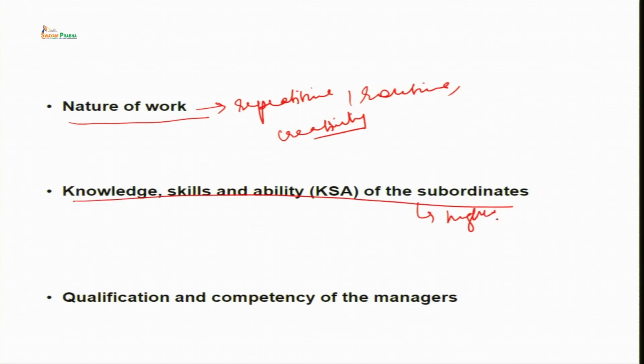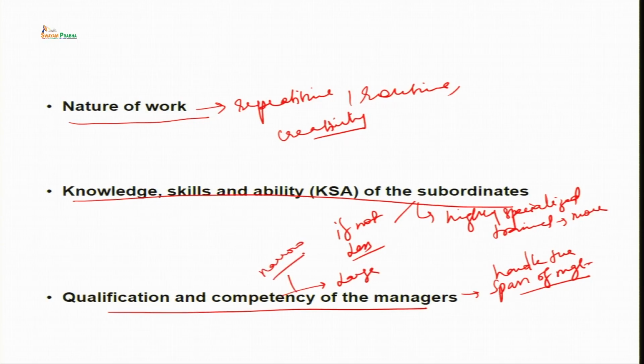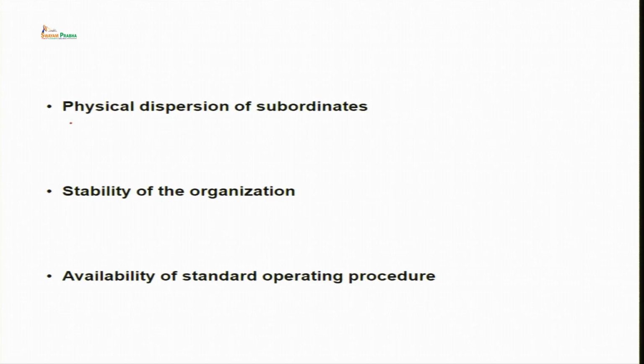If they are highly specialized or trained, then you can go for more subordinates. If not, then you have to go for fewer subordinates. Qualification and competency of managers also matter, to what extent they can handle the span of management. Do they have the capability to handle a large span, or can they only handle a narrow span? That will depend on their qualification and competency.